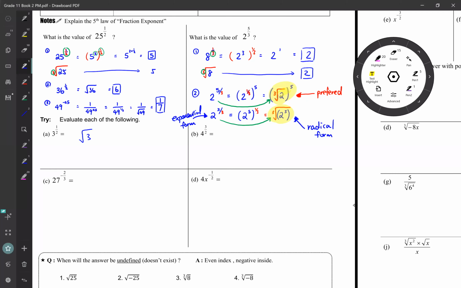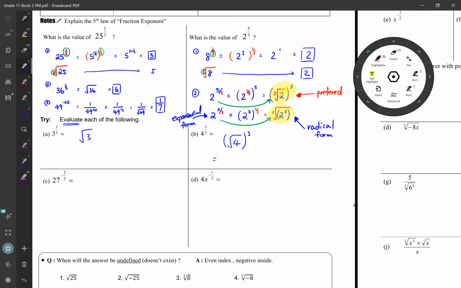Okay, question B. Evan, what did you put? I put a bracket, square root of 4 inside the bracket, to the power 3. Very good. Is that all you did? I just left it like that. Okay, if we want to evaluate, evaluate means you simplify more and more as far as you can.